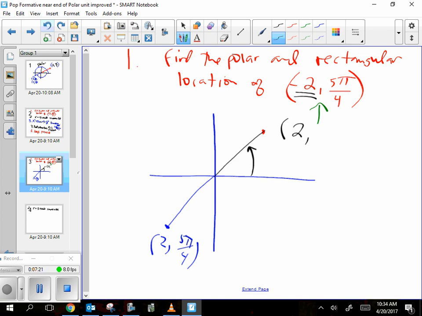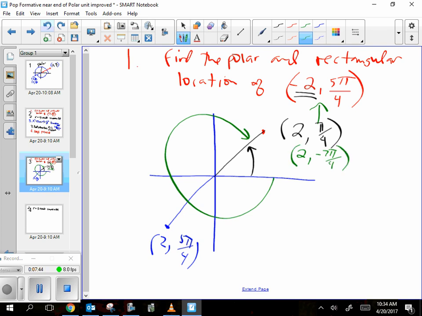So I say 2 comma pi over 4. Or, another way you could say it is all the way around, 2 comma negative 7 pi over 4. Either one of those would have been a good polar name for that point.